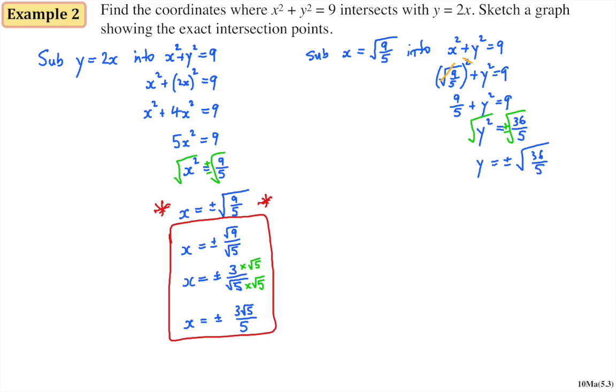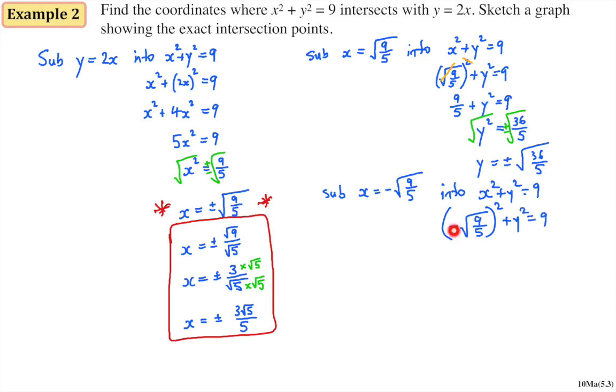Let's just pause for a second. If I substitute x equals minus the square root of 9 over 5, where did I get that? Remember over here I got two answers. I did the plus case here. Now I'm doing the minus case here. So if I substitute that into x squared plus y squared equals 9, I'll get minus the square root of 9 on 5, all in brackets, squared, plus y squared equals 9.